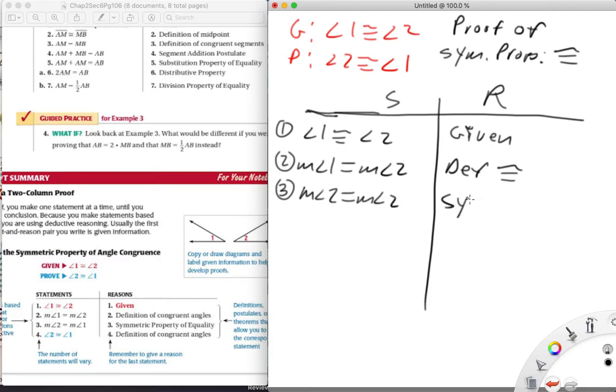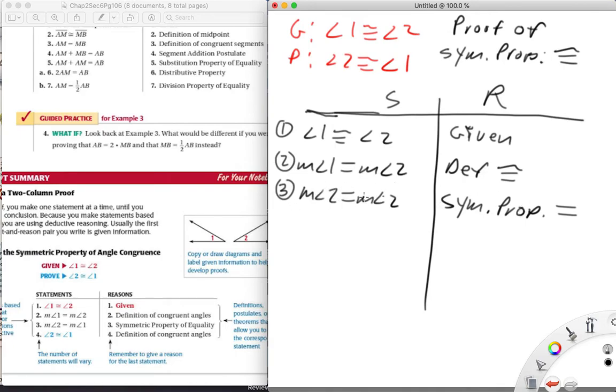This is the symmetric property of equality. So I know what you're thinking. Well, wait, I thought you said you couldn't use symmetric property to prove symmetric property. This symmetric property is a symmetric property of equality. I can use the symmetric property of equality to talk about the symmetric property of congruency. They're not the same thing. One is congruent, one is equality.